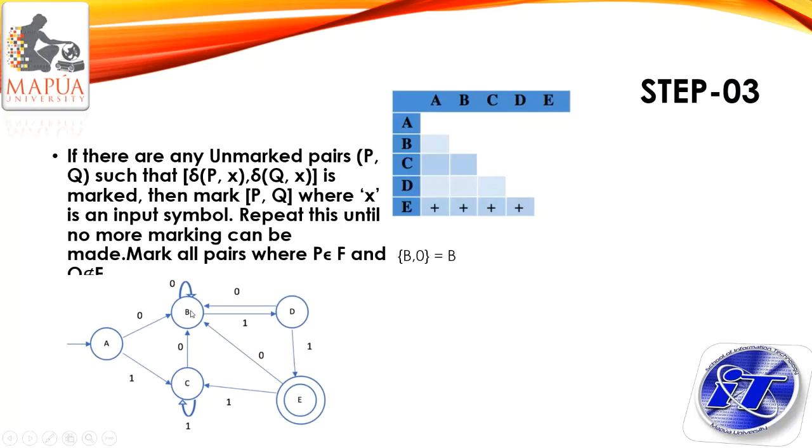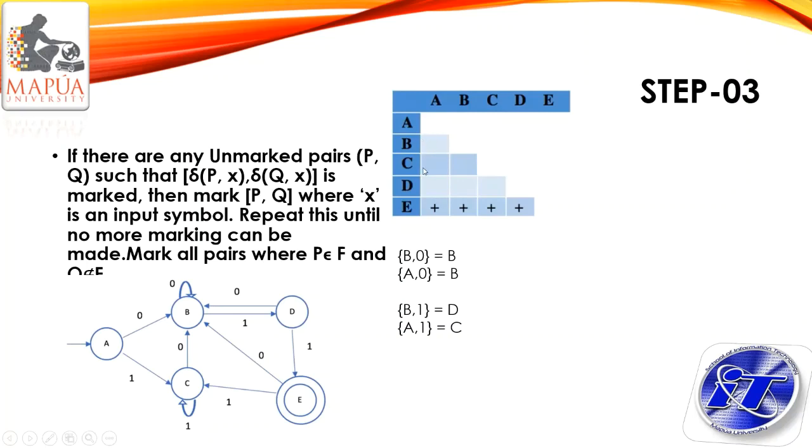If B is at 0, where will it go? It will just loop within itself, so B. How about A? A at 0 will go to B. Is it marked? BB, we didn't use it, so therefore it's not marked. How about at 1? B at 1 will go to D. A at 1 will go to C. Again, based on the table, CD is not marked, so we're not going to do anything about the BA cell.